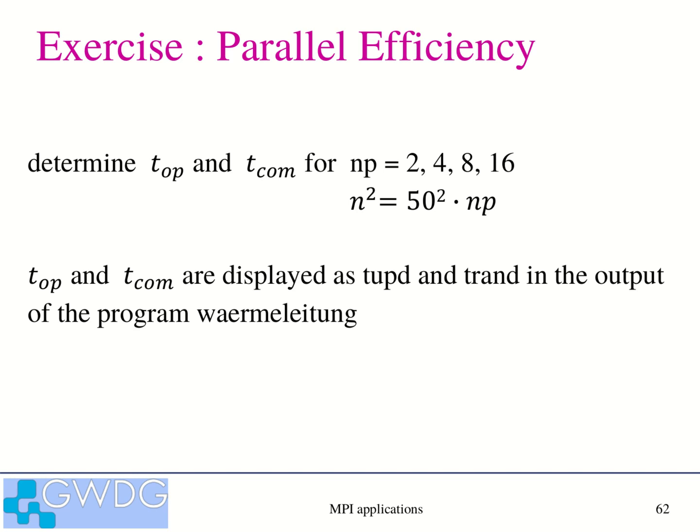And then you can see that the efficiency doesn't scale, but efficiency drops if the number of processes is increasing, even if the size of the grid is increasing.